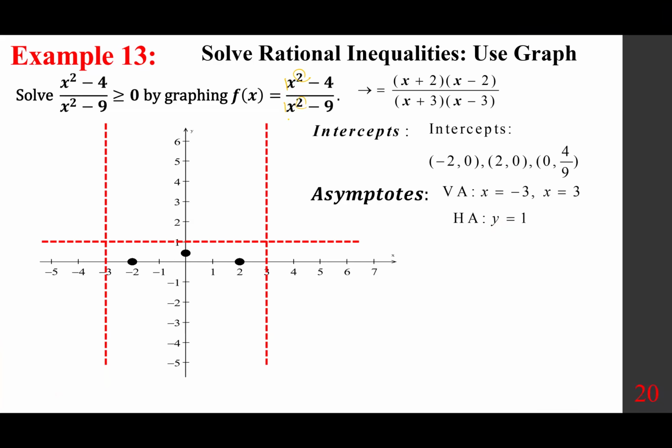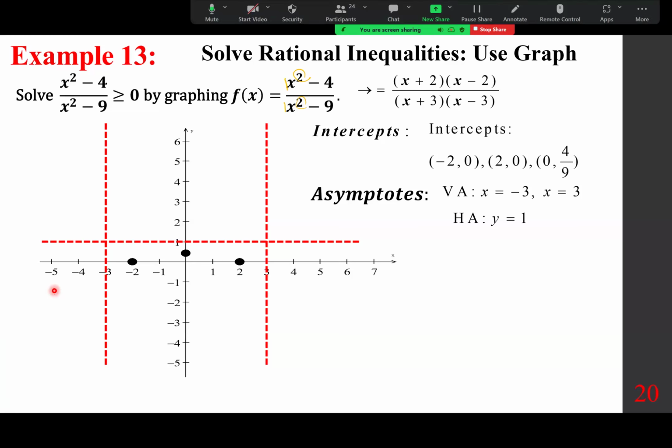Now remember what we have. We have 2 vertical asymptotes, so we have 3 subintervals. To the left of x equals −3, we pick a point because for the left class, it becomes either this or that.